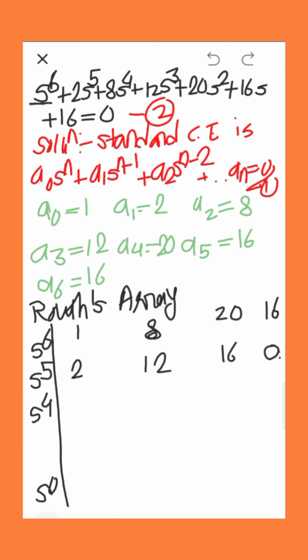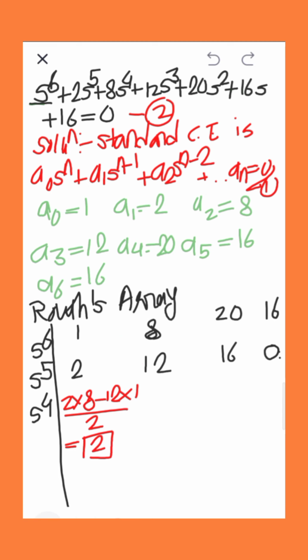We go for s to the power 4. Next row is s to the power 4: 2 into 8 minus 12 into 1 upon 2 equals 2.